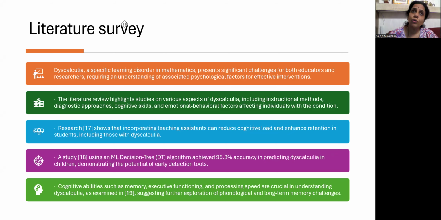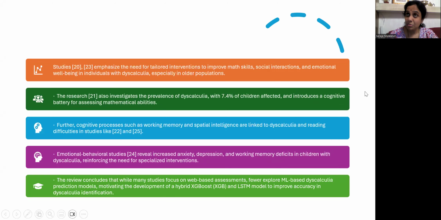So in order to focus on these things, we have used a comprehensive assessment method in the form of a mobile app. The studies which have tailored interventions to improve math skills also had 7.4 children affected. There are papers which have shown the various levels at which the students suffered and the amount of intervention that is required in this particular feature.